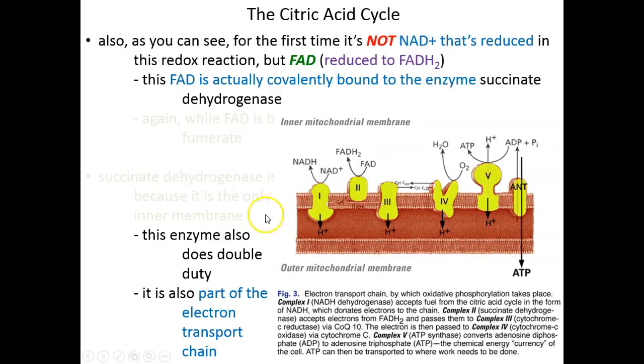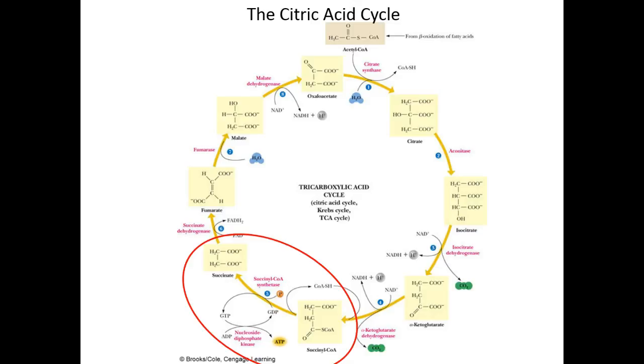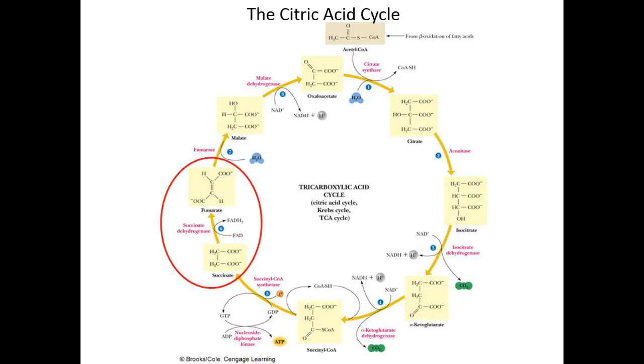It's okay that FAD is stuck to this enzyme, because the electrons are going to be offloaded off of succinate dehydrogenase and fed directly into the electron transport chain. We'll expand on this idea in lecture 15. In any event, succinate is oxidized to fumarate, with succinate dehydrogenase stealing the electrons and protons and putting them on its connected electron carrier, FAD.